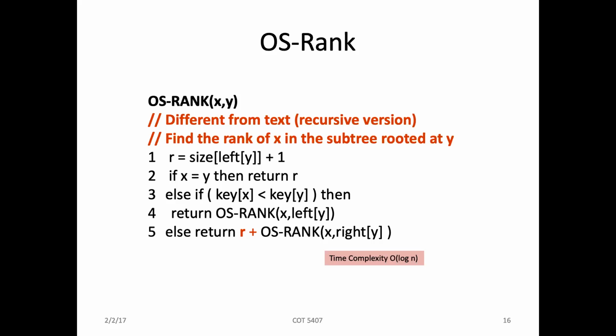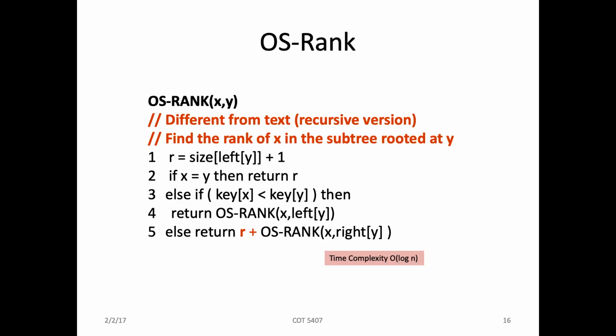Okay. There we go. Assume that the rank of the root is 5. Let's say you're looking for an item that's equal to the value stored in the root. Therefore, its rank must be 5 because it's the root. Done. Now, let's say we're looking for something that's smaller than the root.